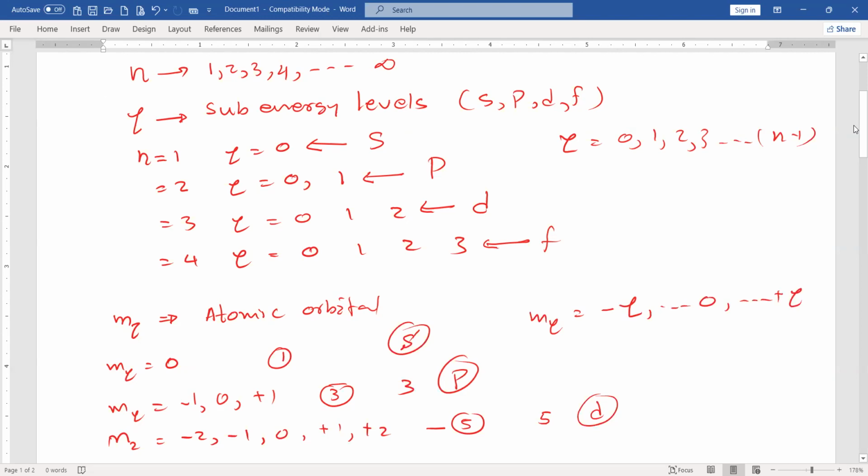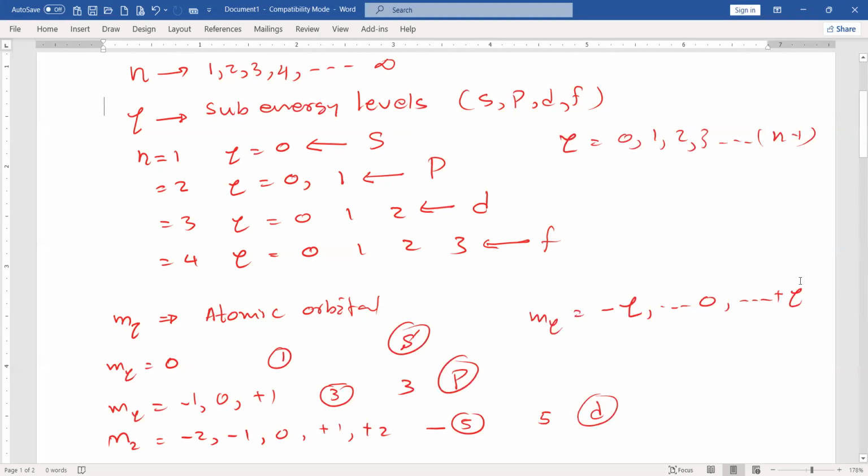So L equals 1, minus 1, 0, plus 1. L equals 2, then minus 2, minus 1, 0, plus 1, and plus 2, 5. So the D sub-energy level has 5 atomic orbitals.